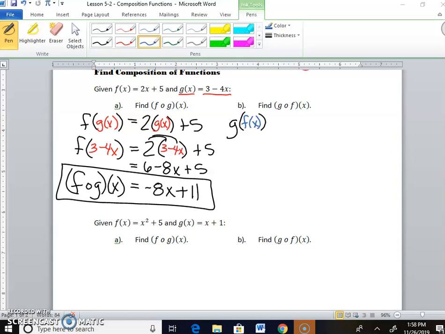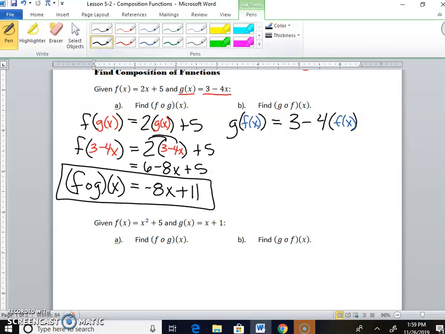So if we look at this, our g function was 3 minus 4 times x. Well, I have an f of x plugged in here, so that means I need to have my f of x plugged in over here.